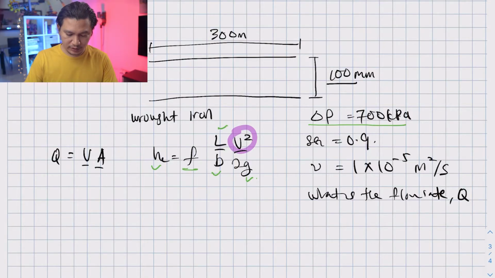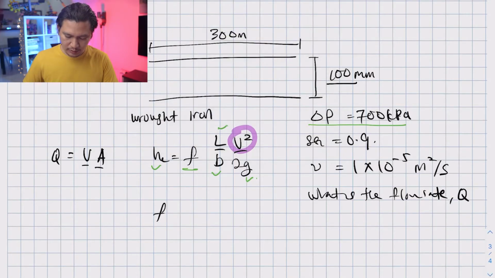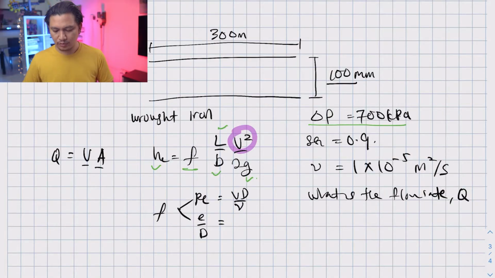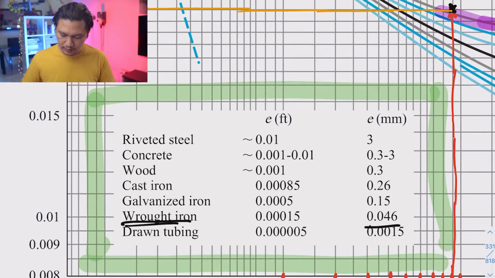And in order to find friction factor, we need Reynolds number and also we need the relative roughness. Okay, and Reynolds number is equal to VD over nu and relative roughness is equal to e over D. And e, let me take a look at our Moody chart, still wrought iron, that is 0.046 millimeter.